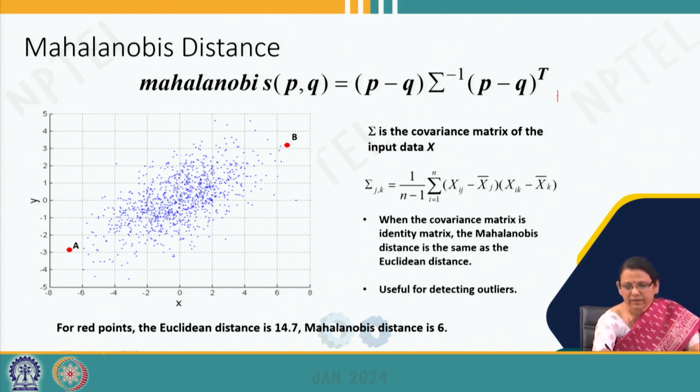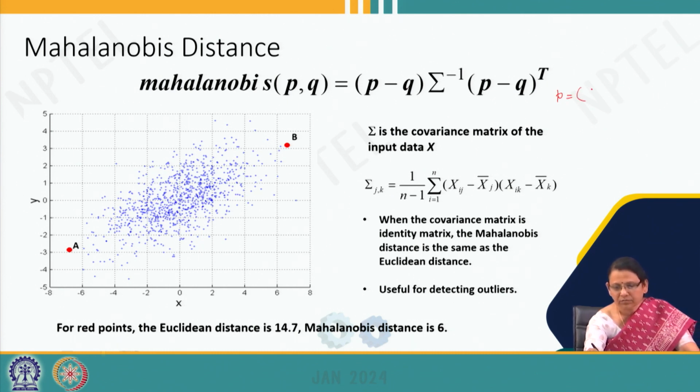So, basically P is a point with components P1, P2, up to Pp, and Q is another point with Q1, Q2, up to Qp. And these p dimensional vectors, these 2 points, are part of many points from which some distribution is coming up.